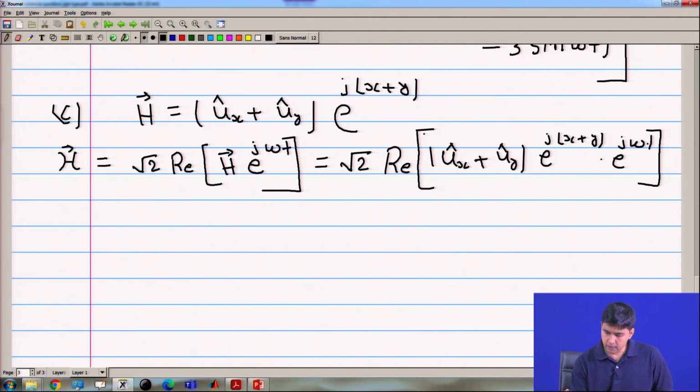So, for this case we have to extract the real part.